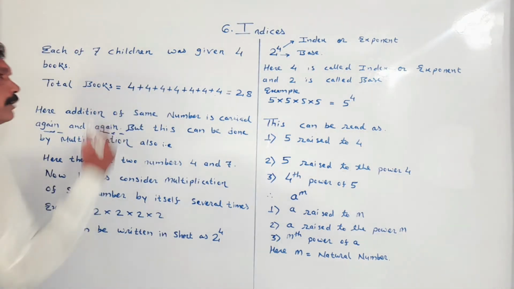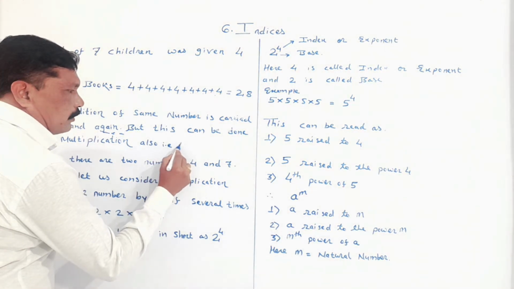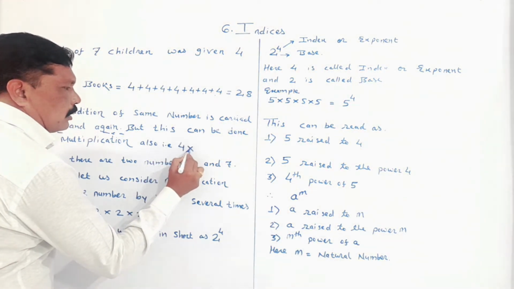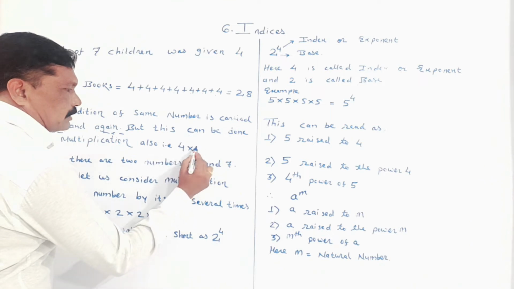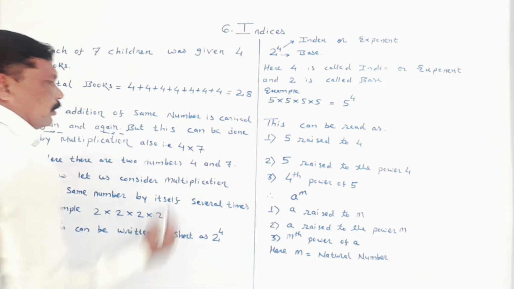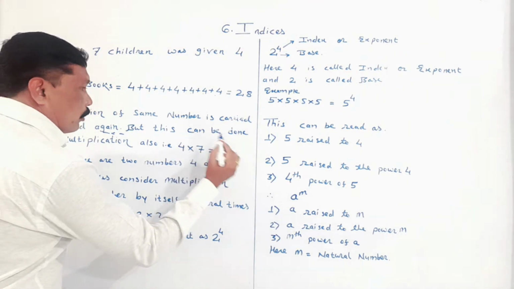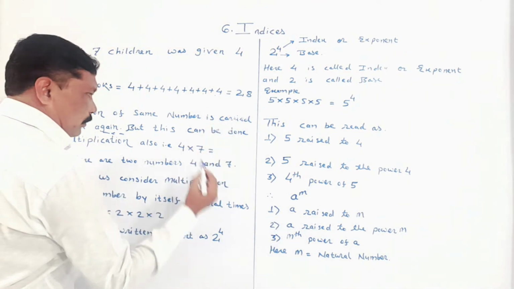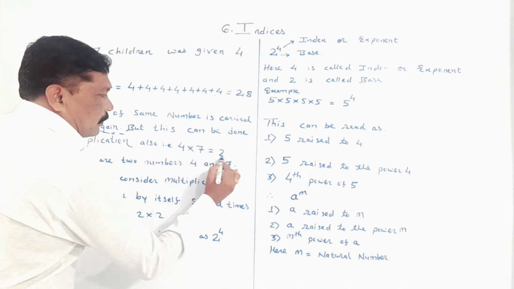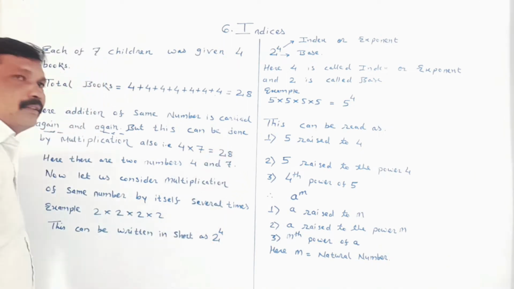How can this be done by multiplication? We can write 4 distributed to 7 children as multiplication 4 into 7, and the answer we get is: 4 5s are 20, 4 6s are 24, 4 7s are 28.